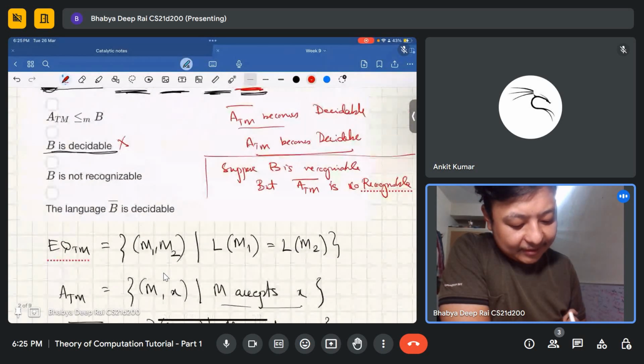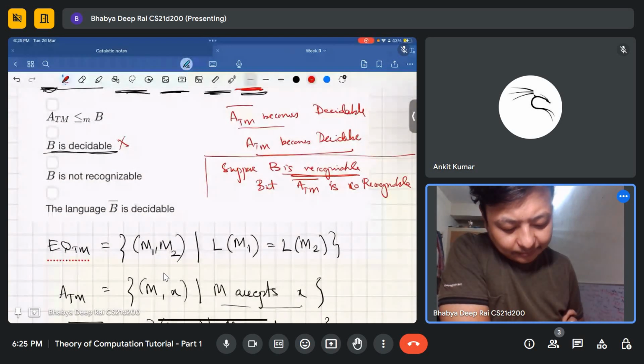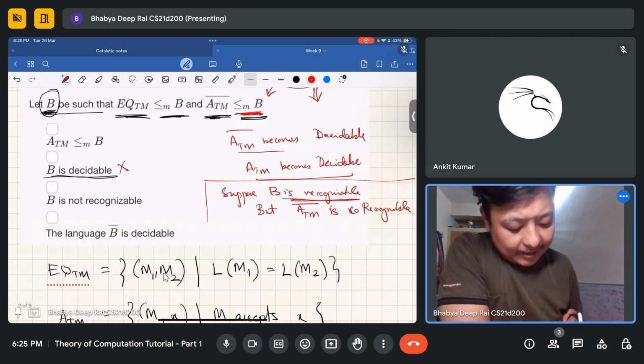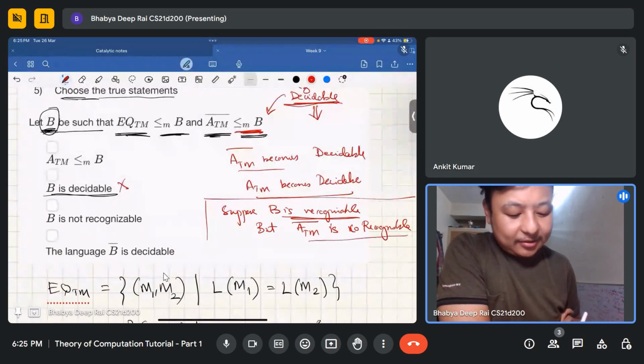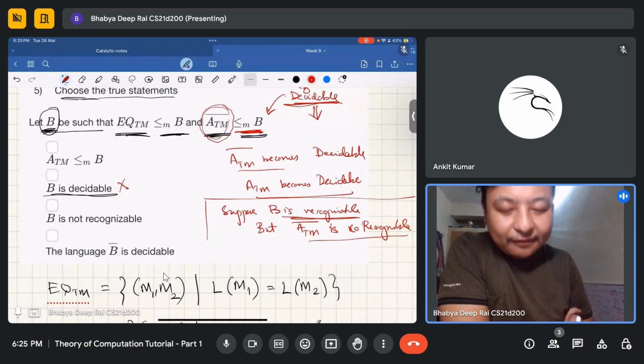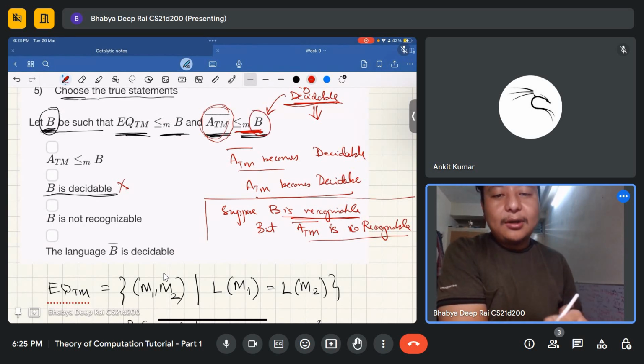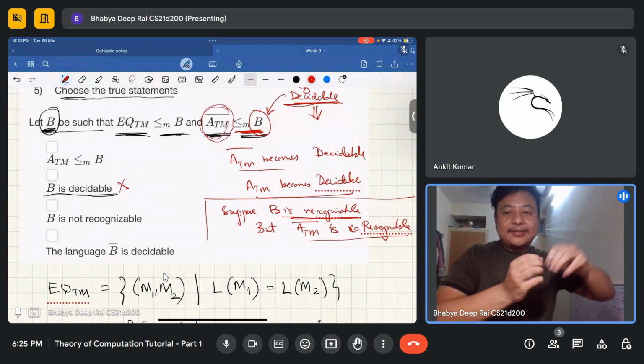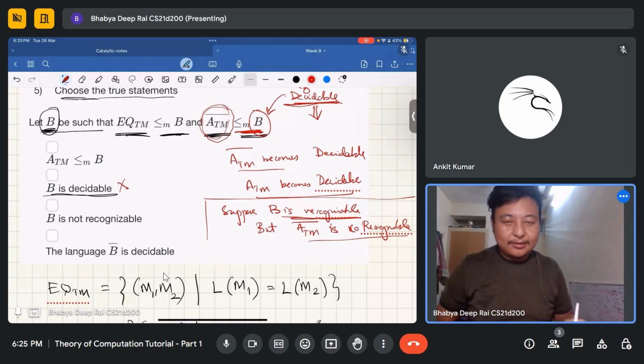And what are we saying? Let's say B is recognizable. But ATM is co-recognizable. So here we have an example of a co-recognizable language reducing to a recognizable language. A yes goes to a no, no goes to a yes.